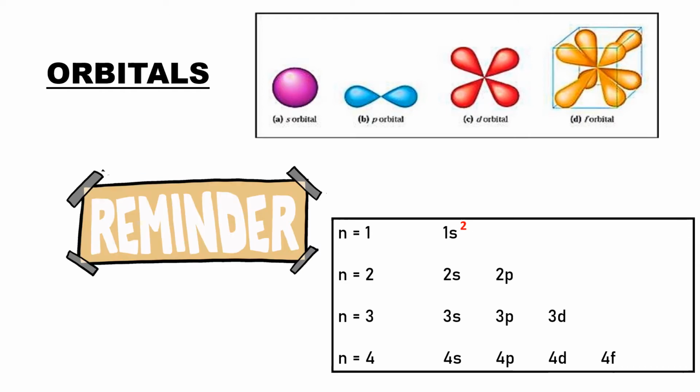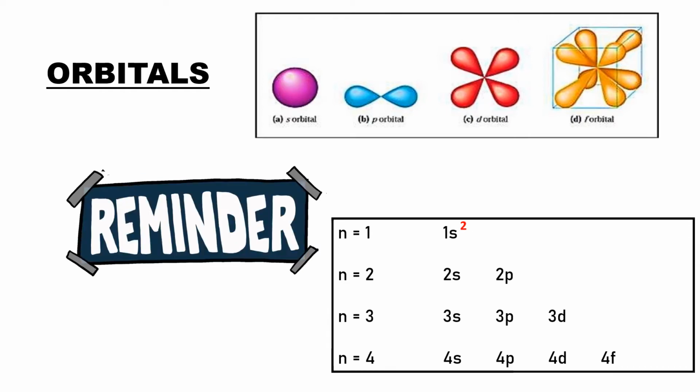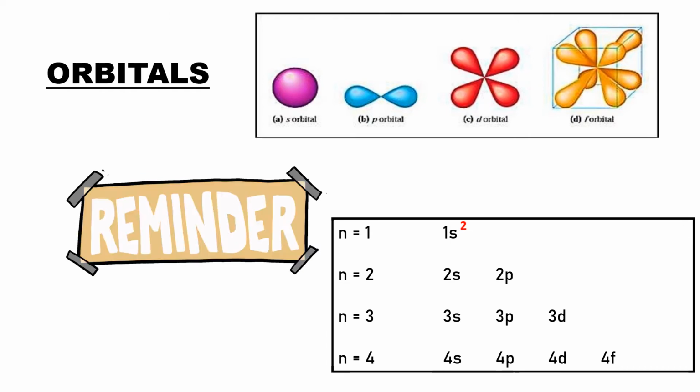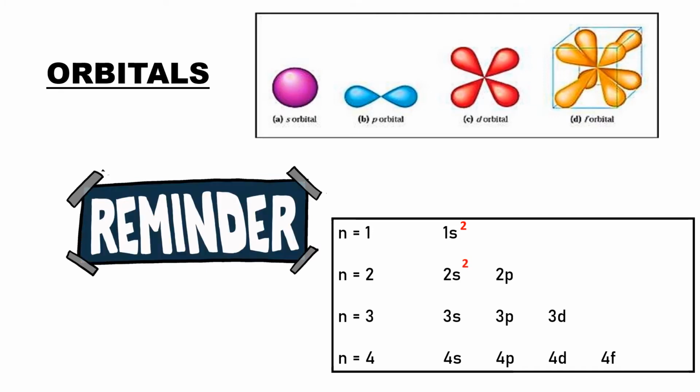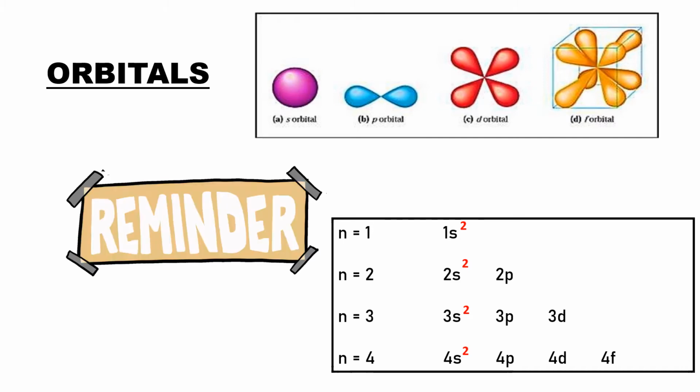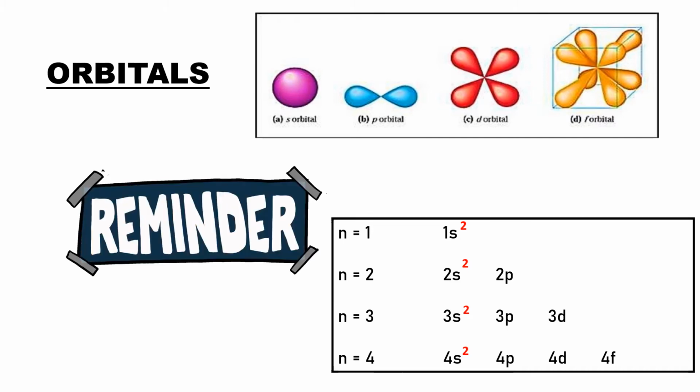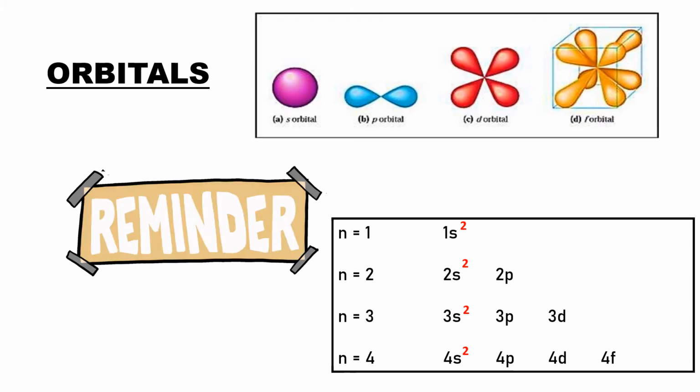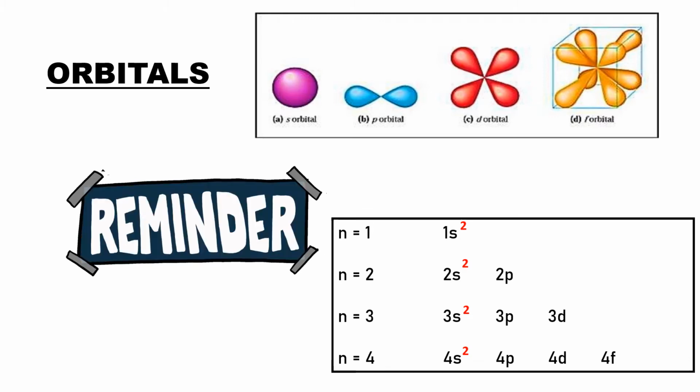So the S sublevels can actually hold up to 2 electrons only. So 1s2, 2s2, 3s2, and 4s2. While for the P sublevels, it can hold up to 6 electrons, but not more than 6 electrons.